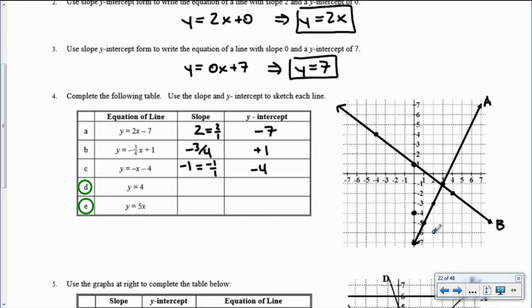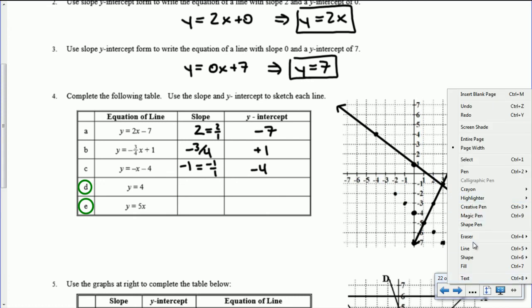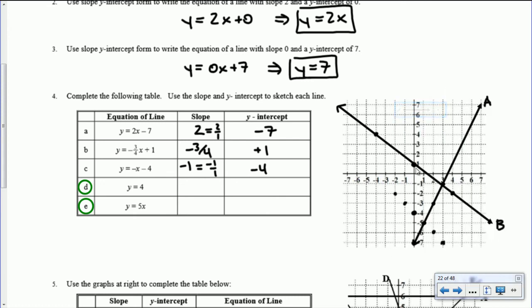So maybe down 1, right 1 links up with that, down 1, right 1, down 1, right 1. And for the other direction, I'll go left 1, up 1, left 1, up 1, and so on. So let's connect those with a line. Try to get that lined up. Okay, and that would be line C.